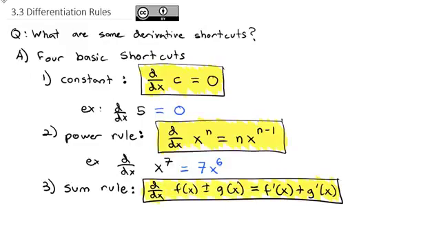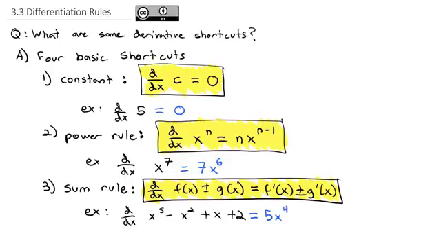So for example, combining the power rule and the sum rule together, if I wanted the derivative of x to the 5th minus x squared plus x plus 2, we just take the derivatives of the individual pieces. The power rule says we move the exponent out front and subtract 1.